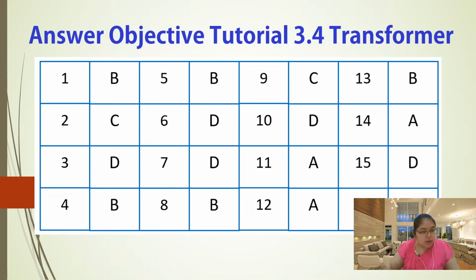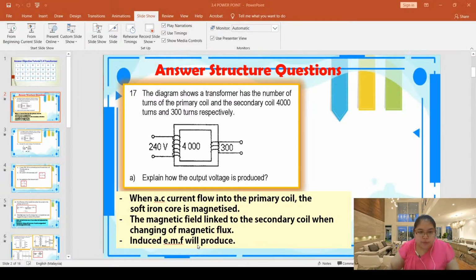Okay, I think got some problem. Can you see my slide? My slide now is objective tutorial 3.4, is it? Can you see it? Then after that I changed the slide already. Sorry, I want to do some correction. I want to check, is it what you see now?